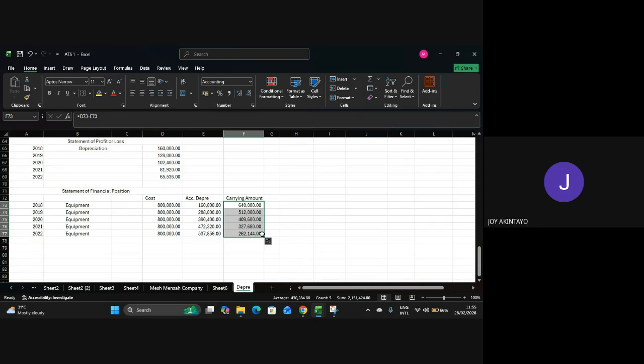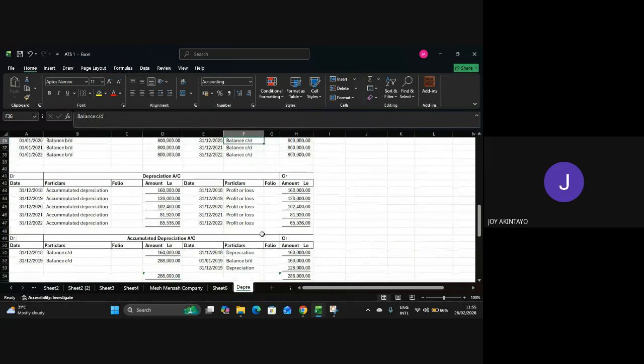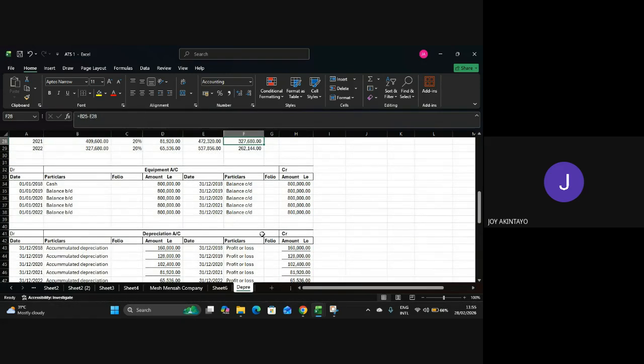So now let's look at the disposal of our non-current assets. In a situation whereby we have disposed of our non-current assets, how do we account for it? It is very, very simple. We've prepared our equipment accounts.